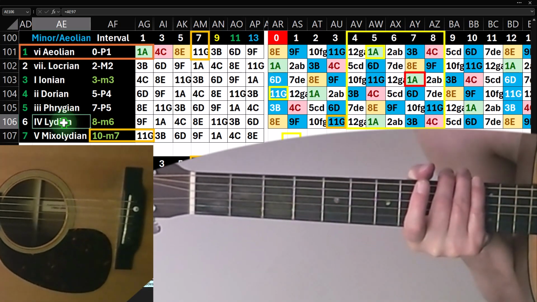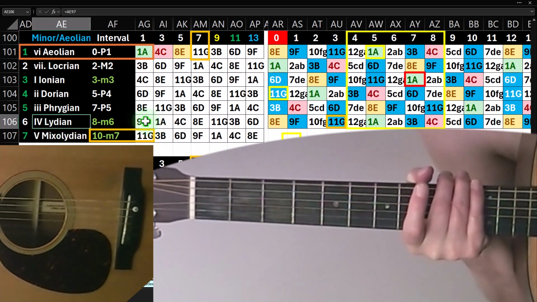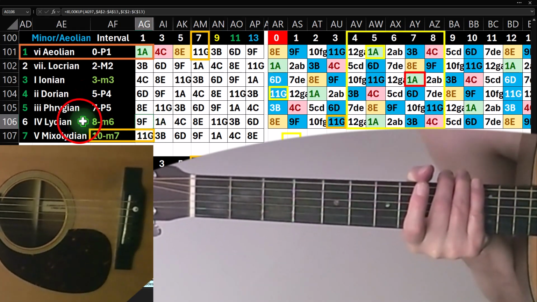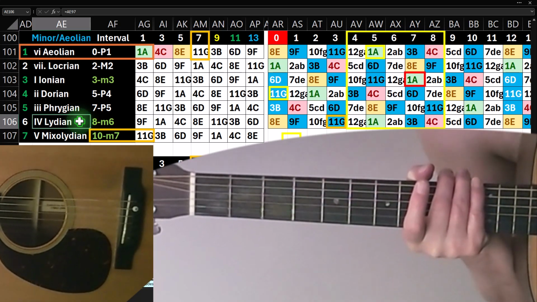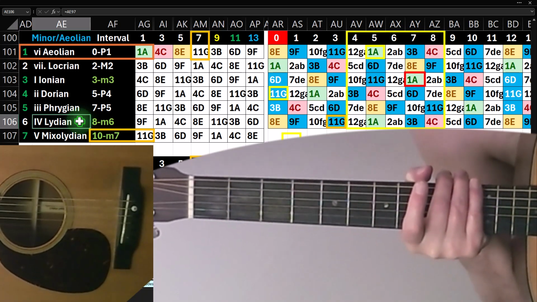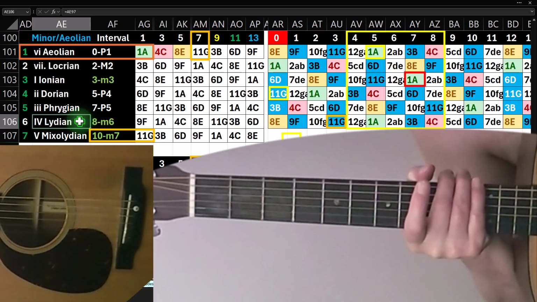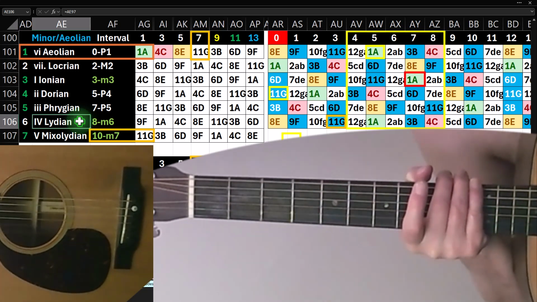So if I'm playing in A minor, and I'm playing the sixth of A minor, that would be an F chord. I know that, but I also want to know the relative position. What's the modal chord? It's what I would call the mode number 4 chord, which is the Lydian, which I know has a major third, because relative position 4 to the major scale, the 1, 4, 5, has a major third.